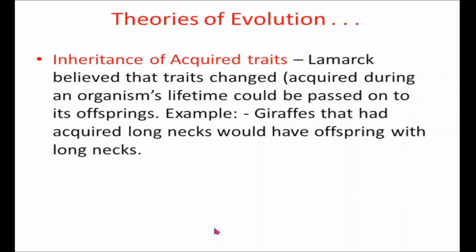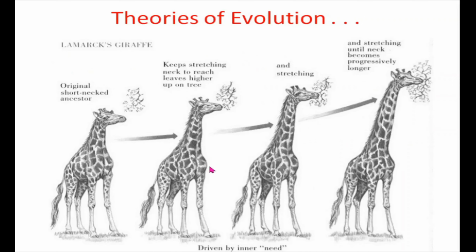Inheritance of acquired traits. Lamarck believed that traits changed or acquired during an organism's lifetime could be passed on to its offspring. For example, giraffes that had acquired long necks would have offspring with long necks. Lamarck is known by this theory, this giraffe's neck idea. Here, the original short-necked ancestor has a short neck.